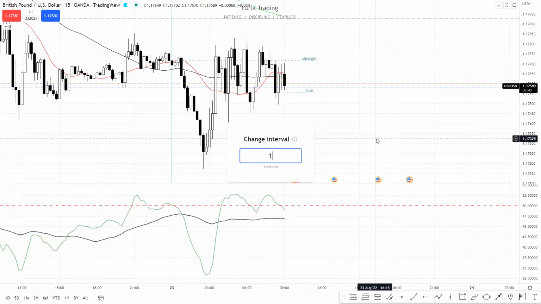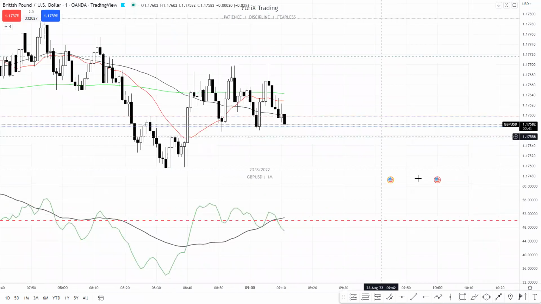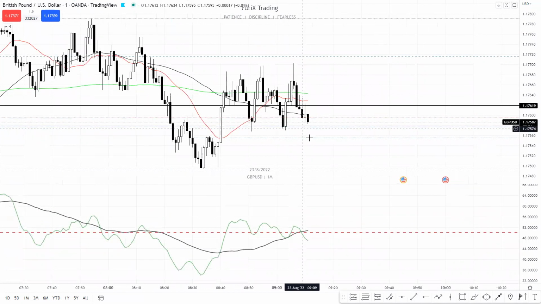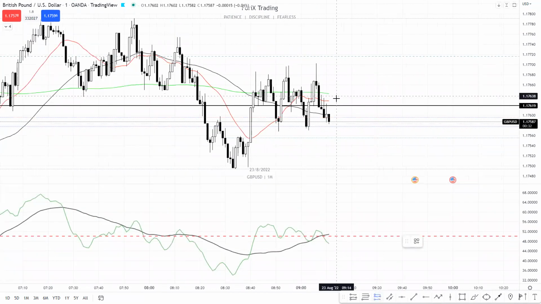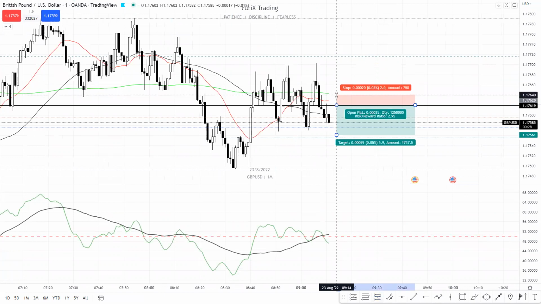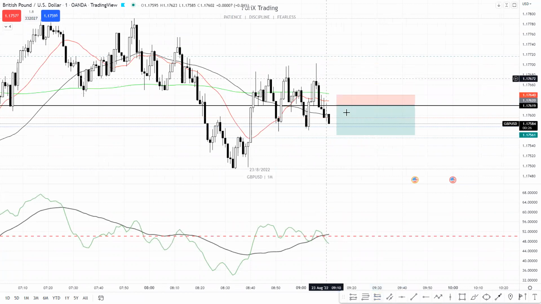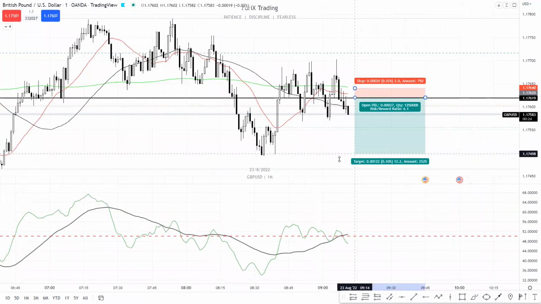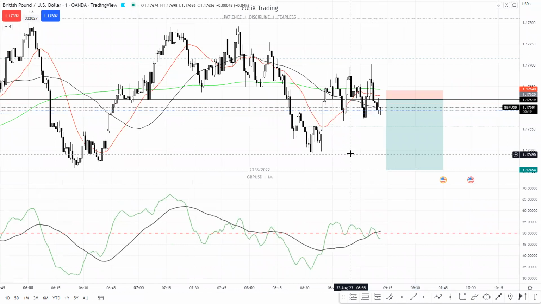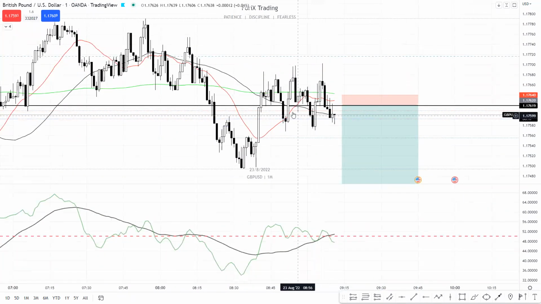Looks like we're already correct on... Well, we took a sell right here on UBUSD. So let's mark our stops. Stops. So I would like to see that.